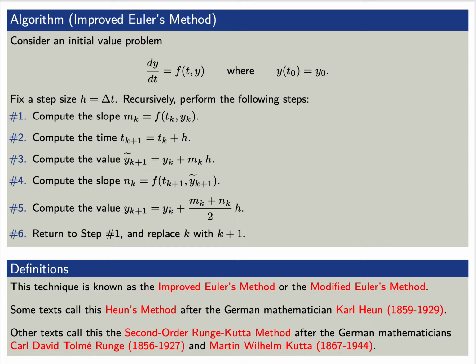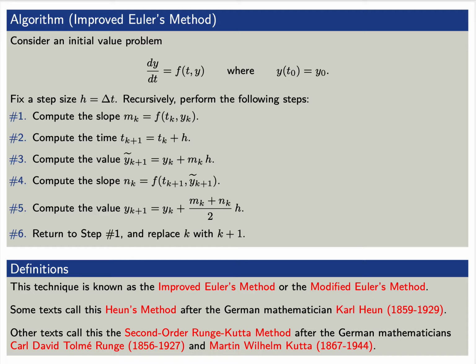Let's consider an initial value problem, dy/dt equals f of t, y, where y at t0 equals y0. Fix a step size h and recursively perform the following steps. First, compute a slope m sub k, which is f of t_k, y_k. Second, compute time t sub k plus 1 equals t_k plus our step size h.